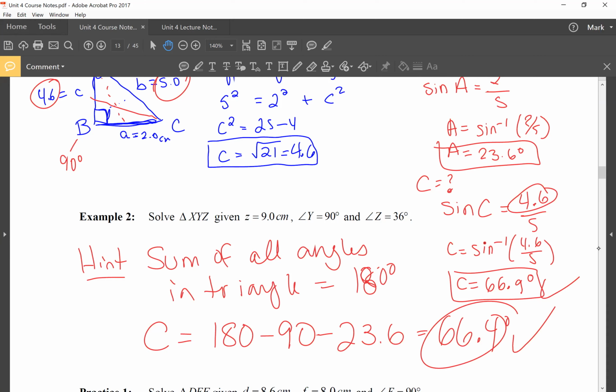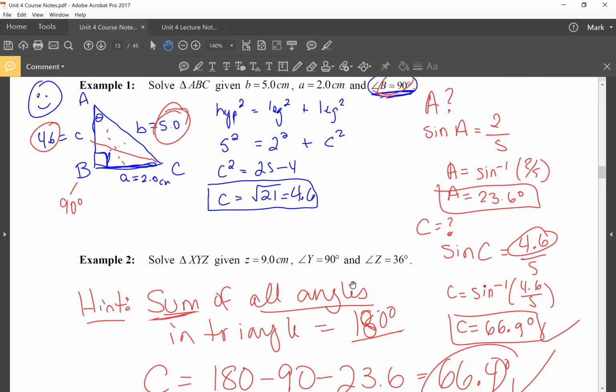If you know two of the angles, you can easily find the other. The sum of all angles in a triangle is 180. So C must have been 180, take away the 90, take away the 23, I'll get my answer, around 66. Again, the number is different because of rounding.